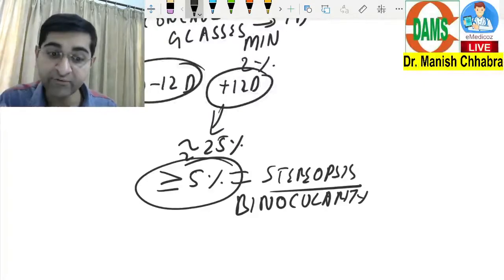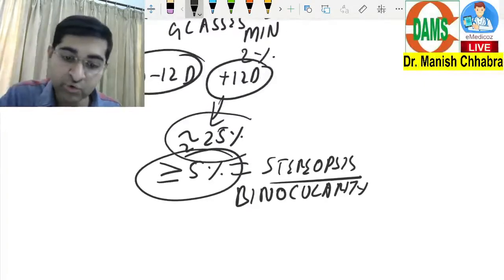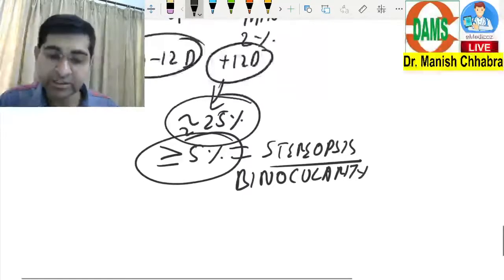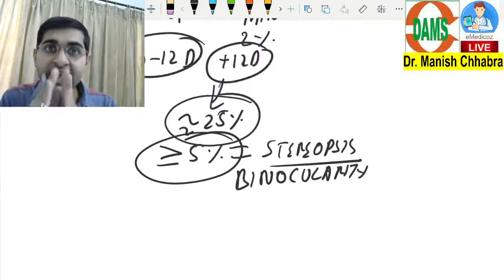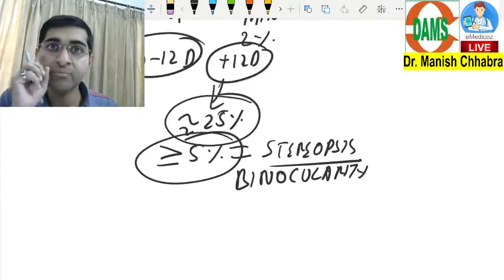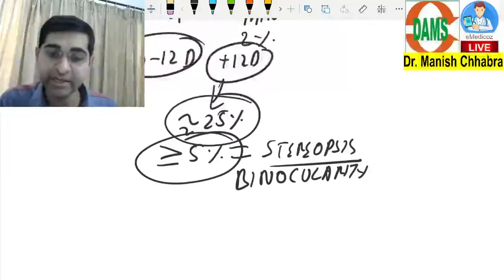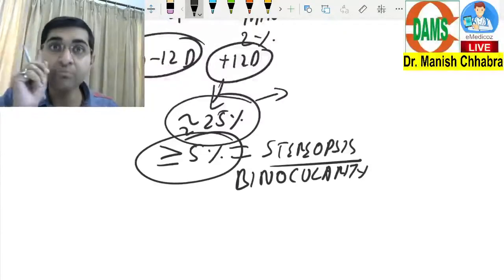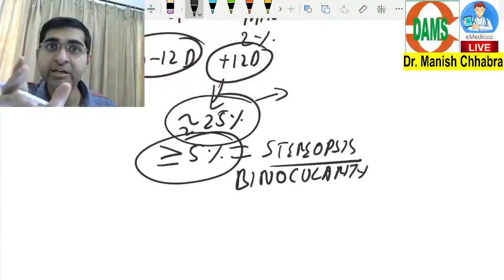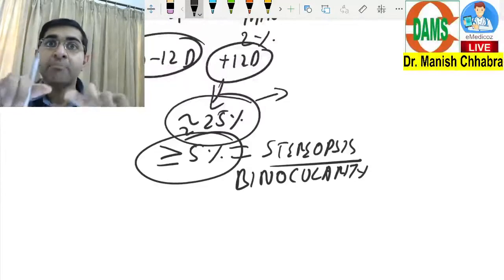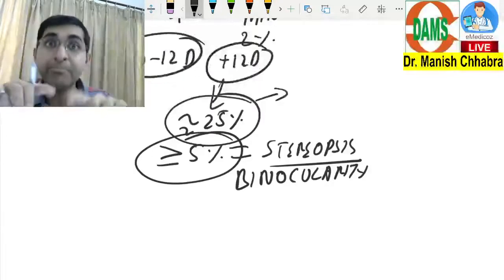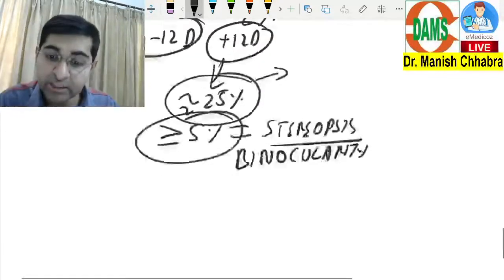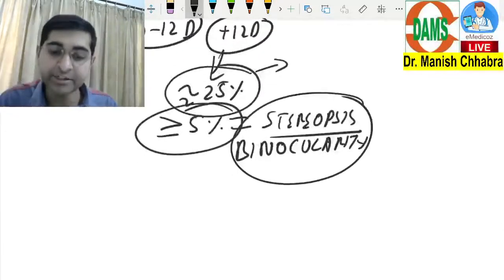So that is one very important point. As you know, there is a disparity of the order of 25%. That means if my right eye is aphakic and I am wearing aphakic glasses in my right eye, then from the right eye an object is seen magnified of the order of 25%, right?